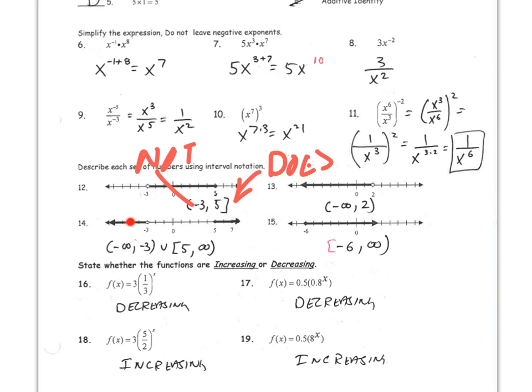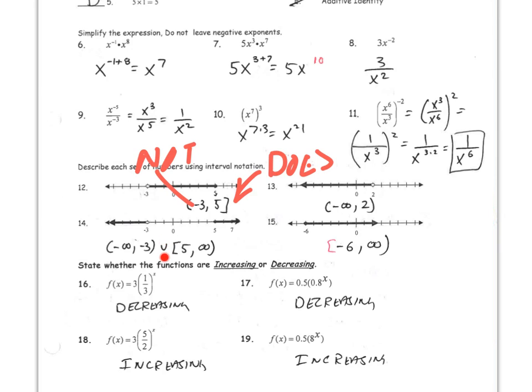We're starting at negative infinity and we come up to negative 3. We don't include negative 3, so we have a parenthesis. Also, by definition, you can never get to infinity, so infinities always have parentheses next to them. Remember, parentheses are curvy. So negative infinity to negative 3, parenthesis, because not include.